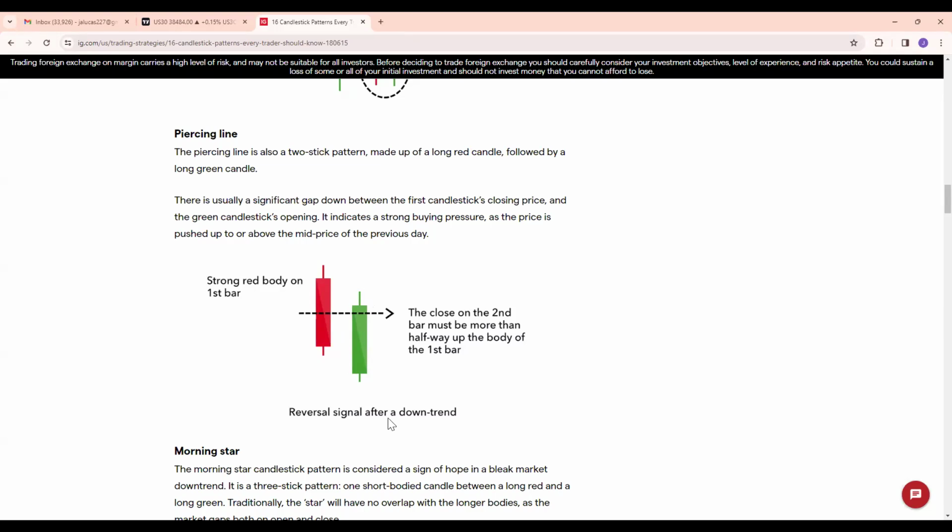So just remember, the thing that I want you to take away from this one is that the 50% level on candles is very important. So when you see a bearish engulfing candle or a bullish engulfing candle, if the next candle after that comes up past the 50% level on that candle, we're very likely to continue upward. So there we go.